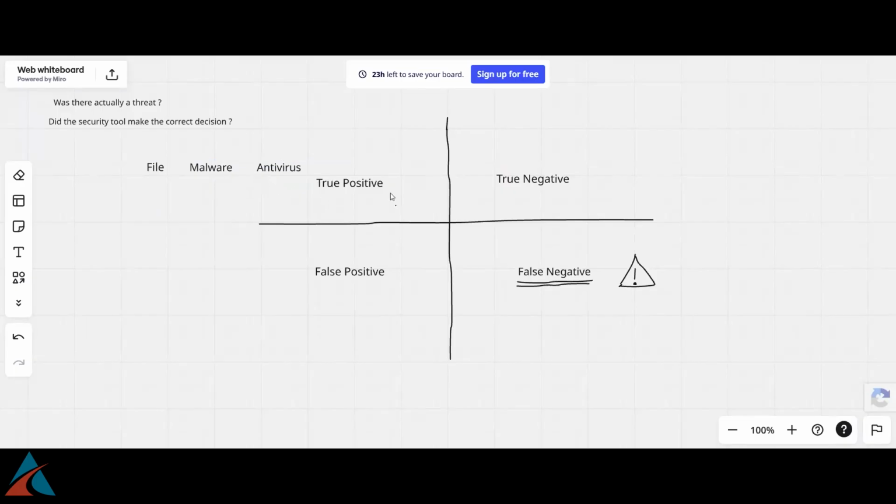This is a true positive. Okay. Situation was correct, right? There was a malware in that file. Antivirus detected it properly. This is a true positive.